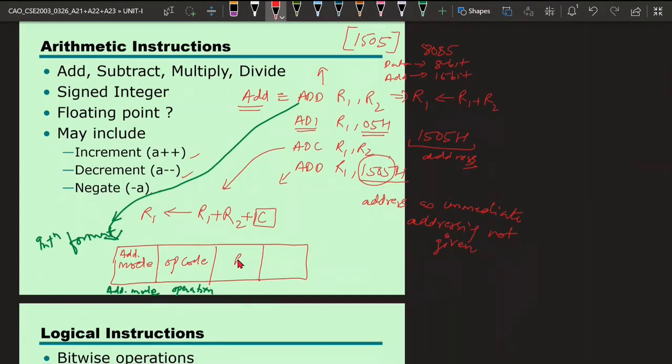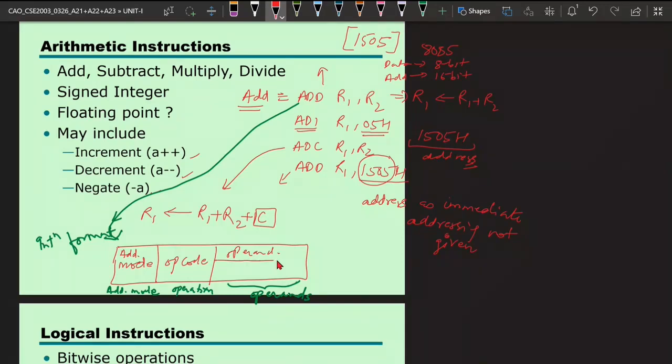So it is R1 and R2; these are the operands. Here we can directly write operand. This is the general format.